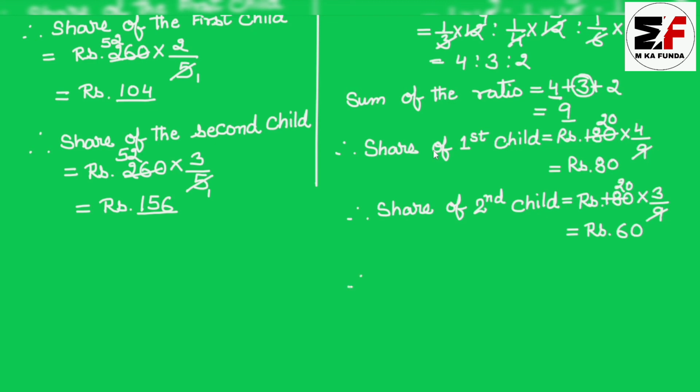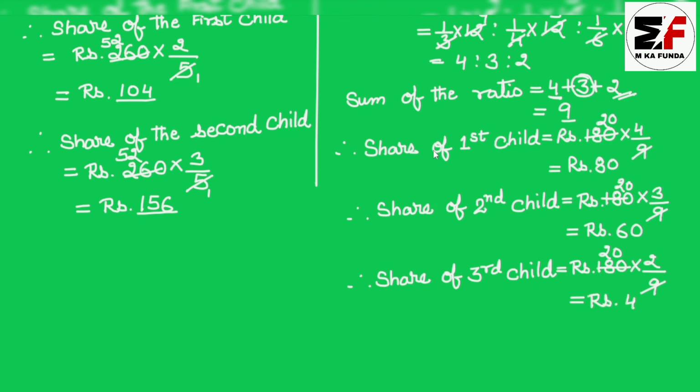Let's find out for the third child. Share of third child, it will be rupees 180 multiplied by, this is the third ratio, that is 2/9. So again we get here 20. So the third child will get rupees 40.